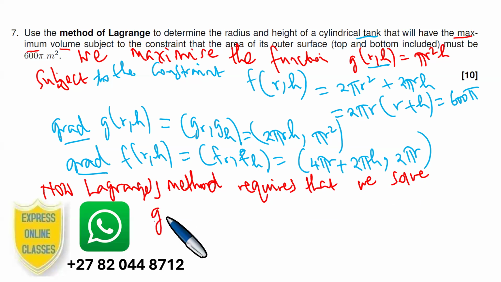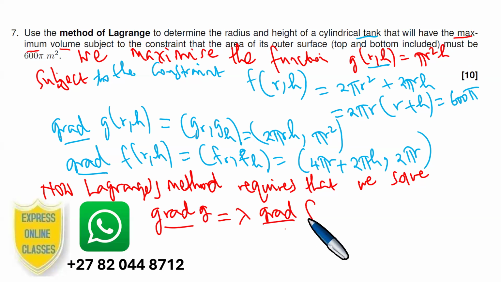By the method of Lagrange, you need to solve the gradient. F is a constraint, which means that we're going to want to find the maximum volume subject to the constraint. So the maximum volume, this is what we want to find. Which means that the gradient of G is lambda times the gradient of F.